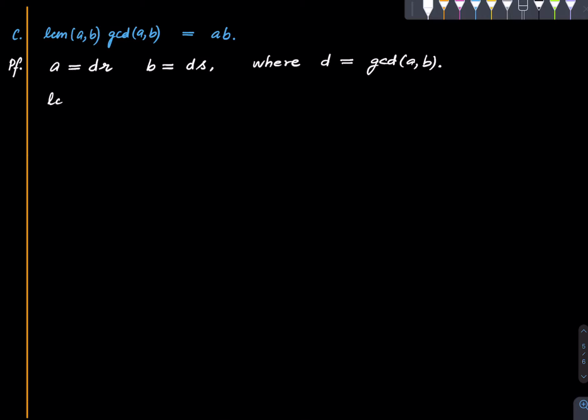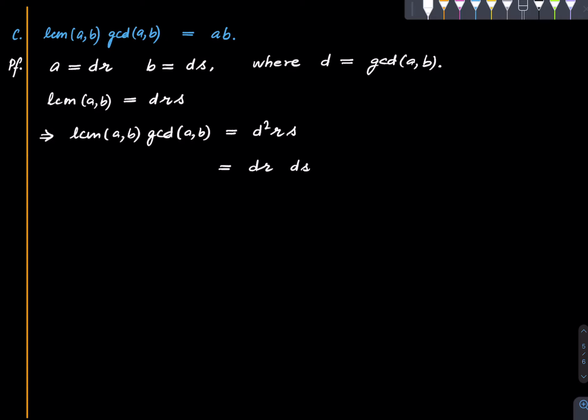So what is the LCM? As we just saw, the LCM is drs, and thus LCM times GCD is d squared rs, which is dr times ds, which is a times b, and that's it.